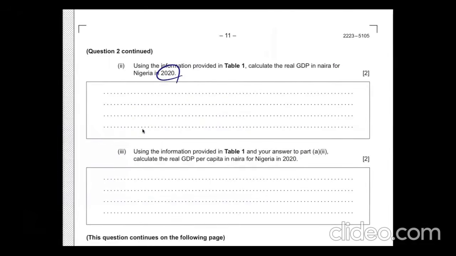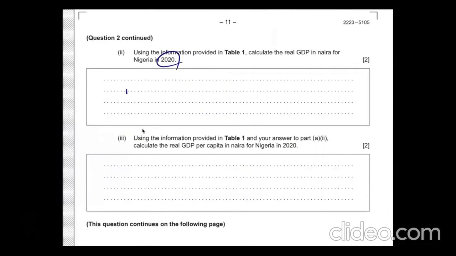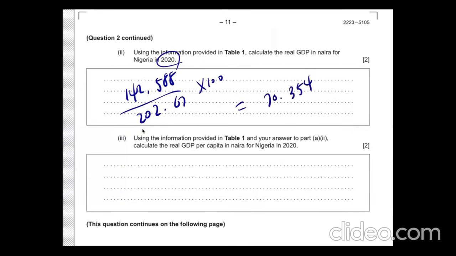So you divide this one by the other. So 142,588 divided by the deflator 67. So real GDP is going to be something billion.